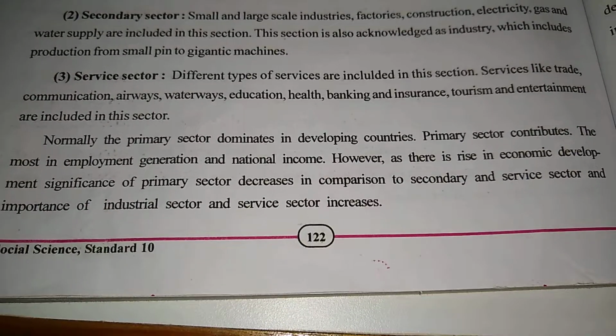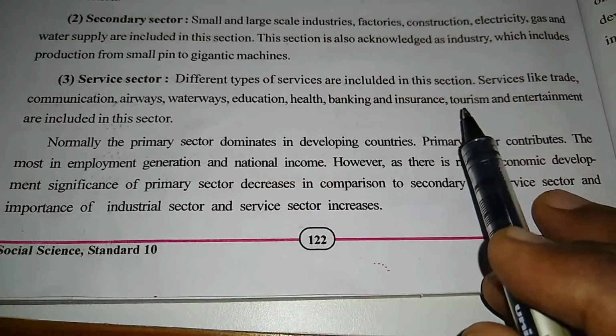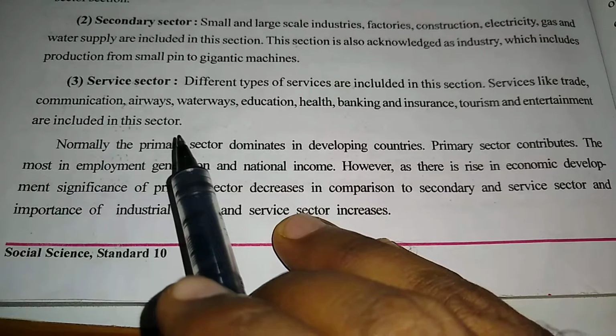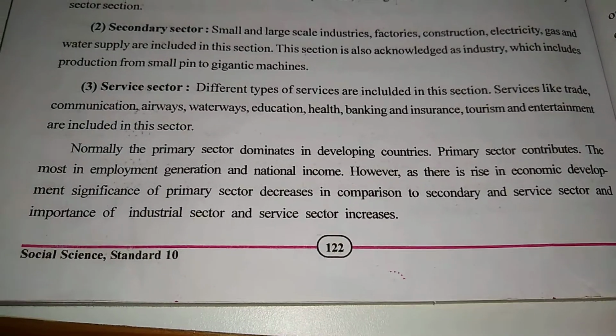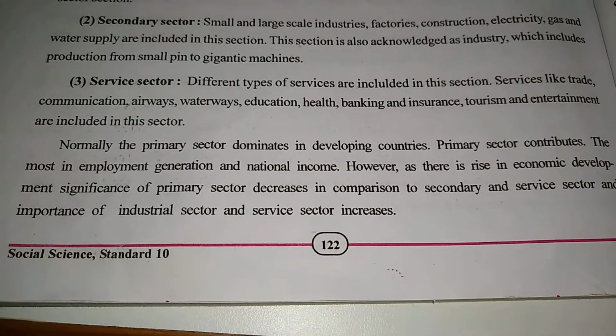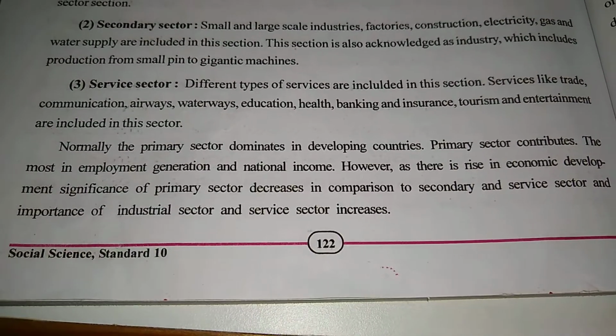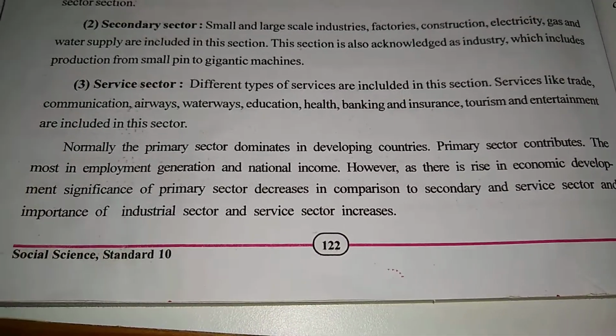If you observe carefully, they do not produce anything, but they provide service. So they come in the service sector. They serve, and for that service, they charge an amount. That's why it comes under the service sector.